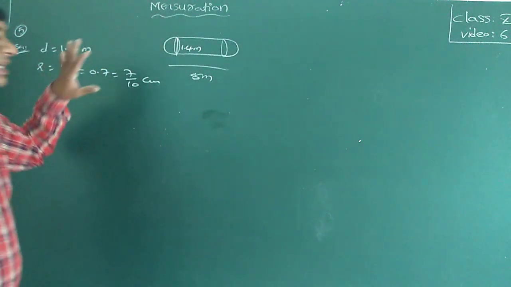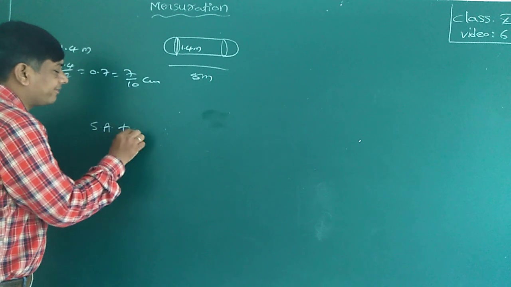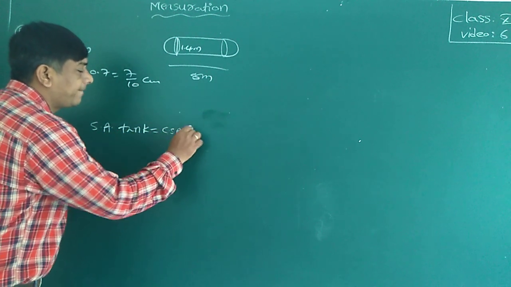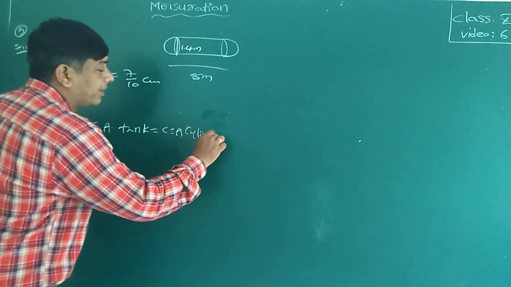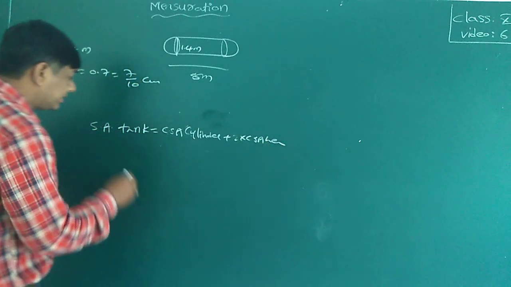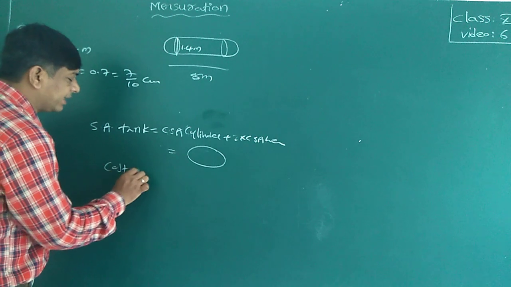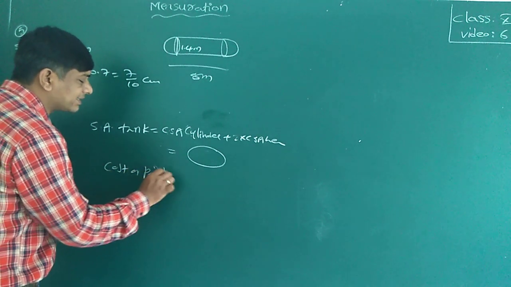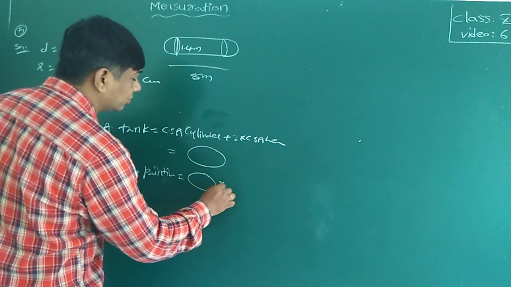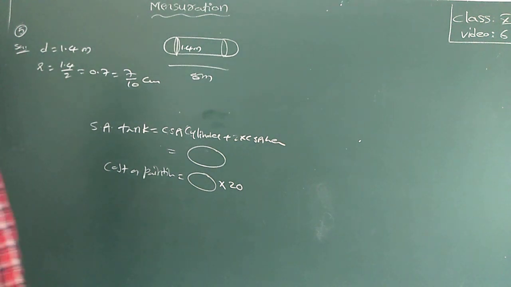So after finding the CSA, surface area of tank is equal to CSA of a cylinder plus 2 into CSA of a hemisphere, and then you will get some value here. Cost of painting is equal to this surface area into 20 rupees multiplied, you will get the answer.